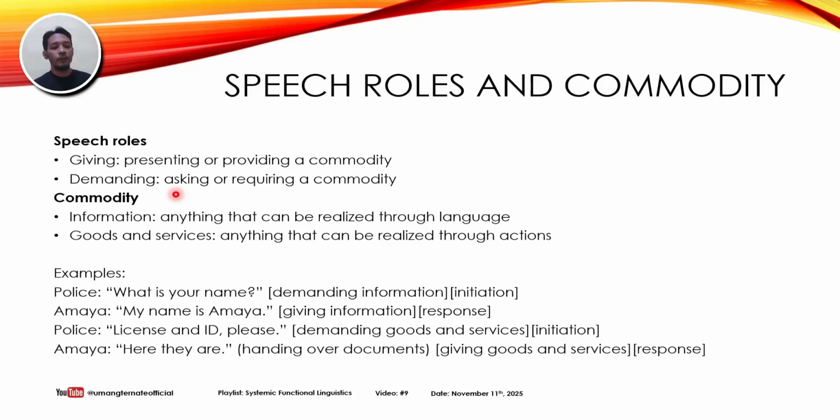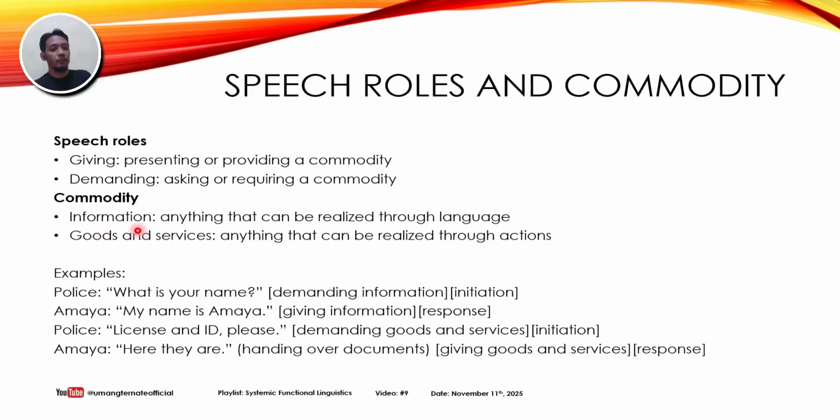So commodity is what is being exchanged through the linguistic interaction, and systemic functional linguists draw two types of commodity.